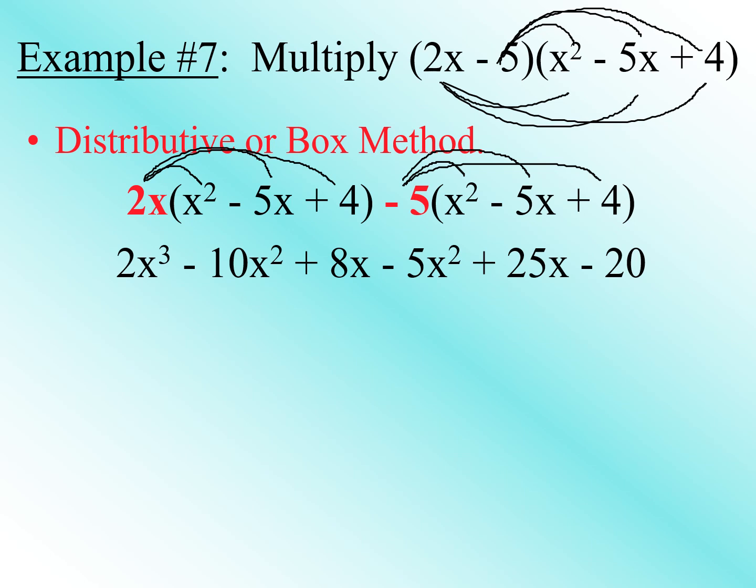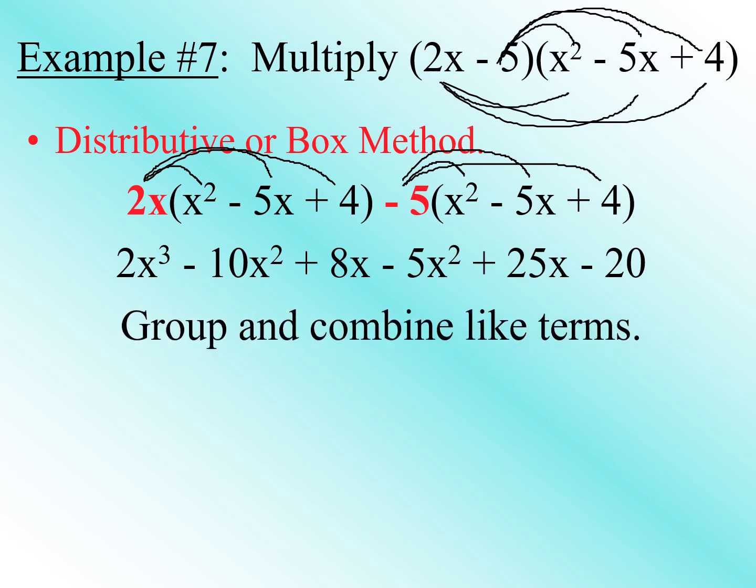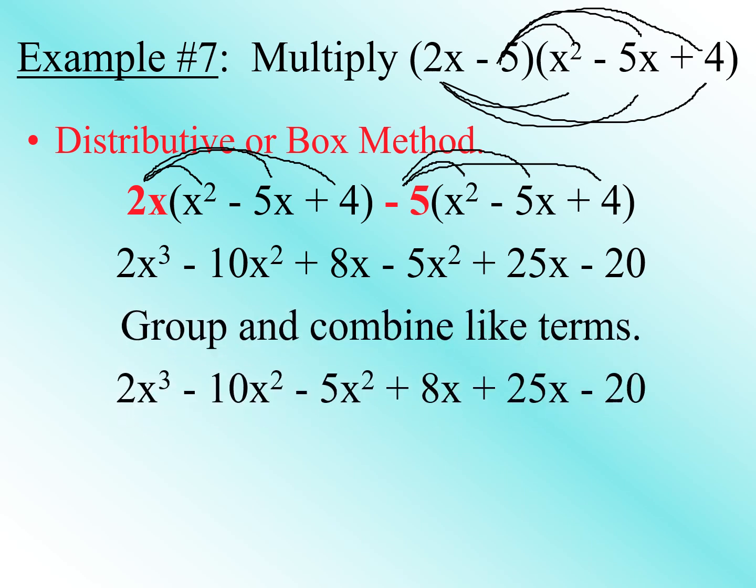And right after that, again, we have to be keen. We have to check if we have like terms here. So we have to combine like terms if there are like terms. Upon checking, we found out that yes, we have like terms.